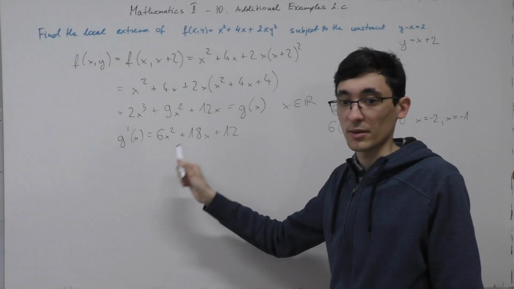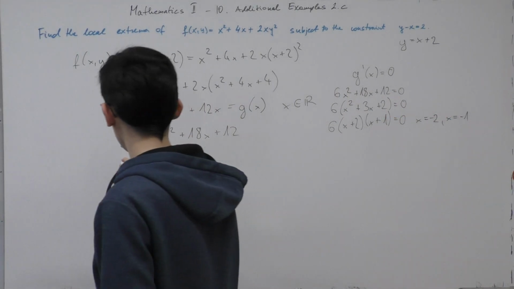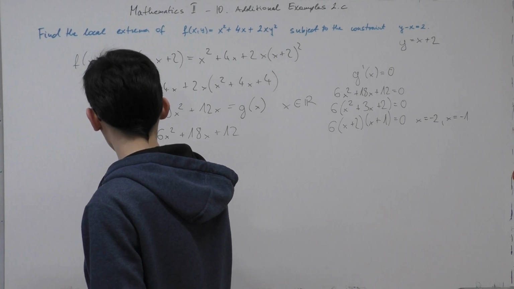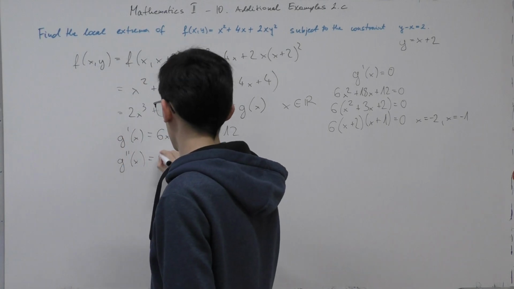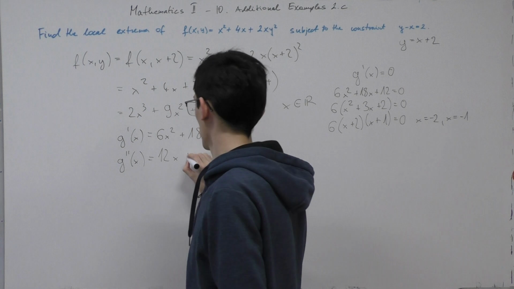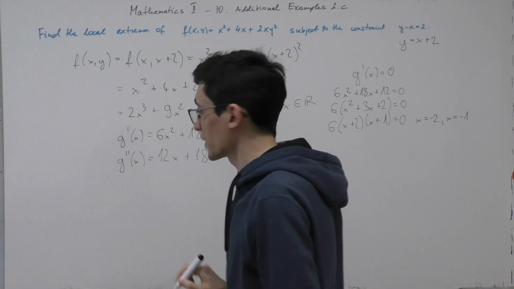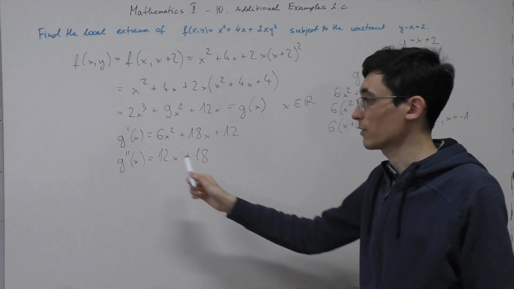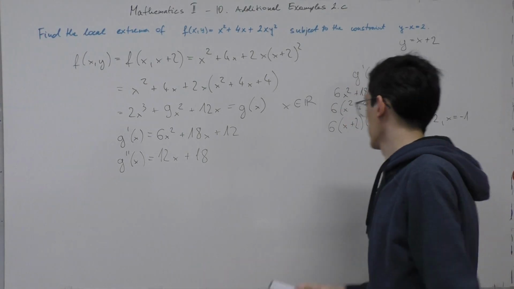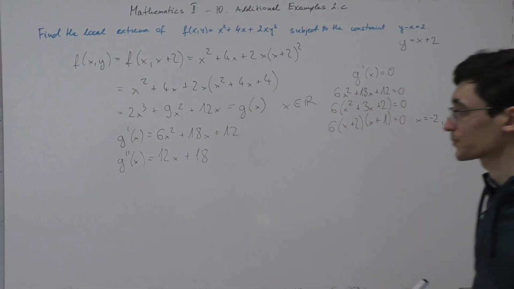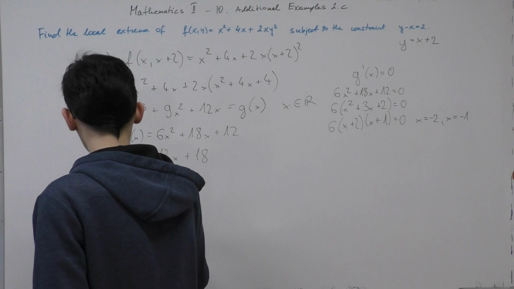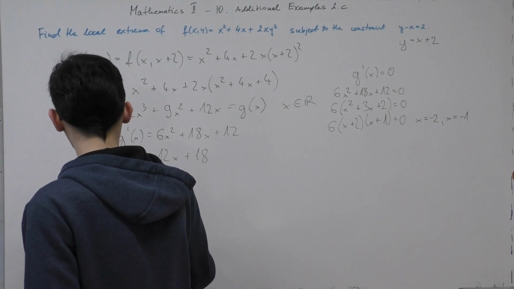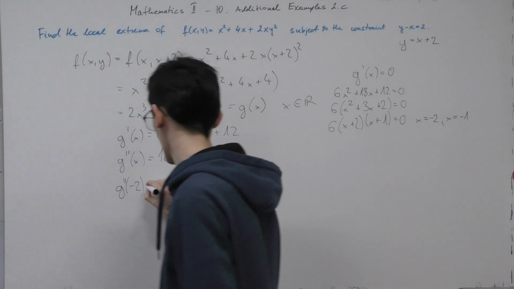Now we must calculate the second derivative of g, which will be 12 times x plus 18, and now we find the value of the second derivative at the critical points. So first let's consider the critical point negative 2.